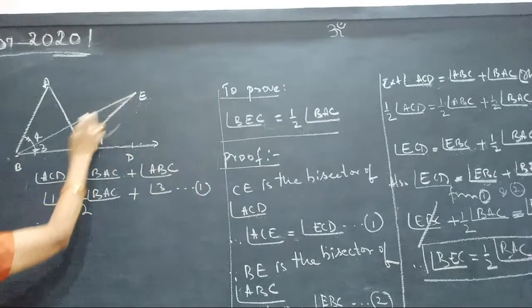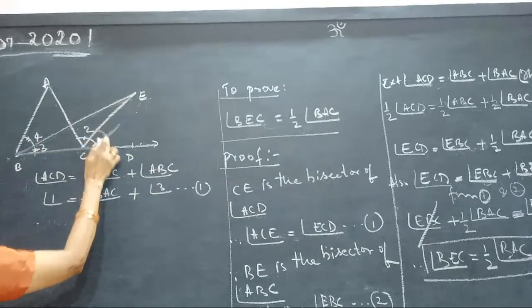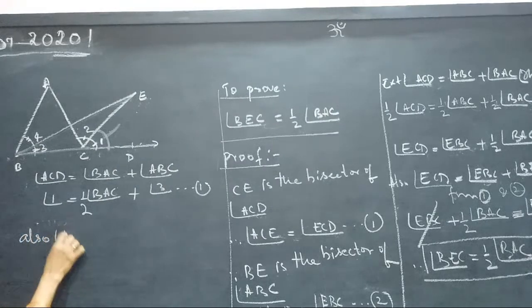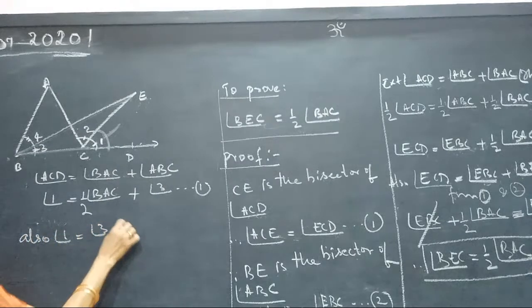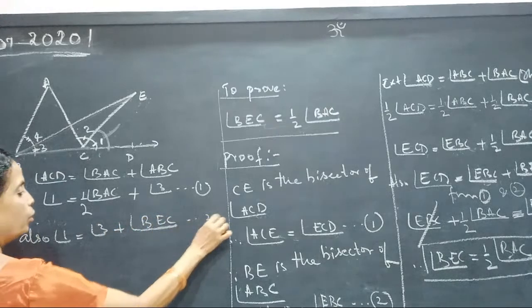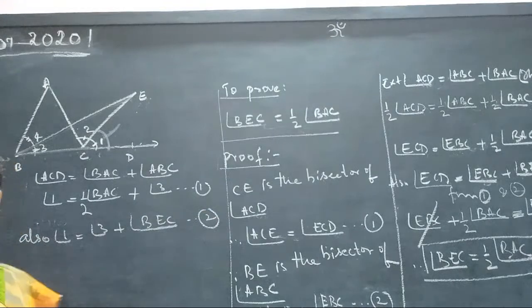Again, this is another triangle. This will be the exterior angle. Also, angle 1 equals angle 3 plus angle BEC. Result 2. From both the results, we are finding angle 1 is common.